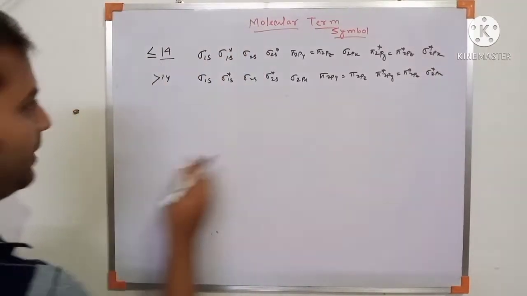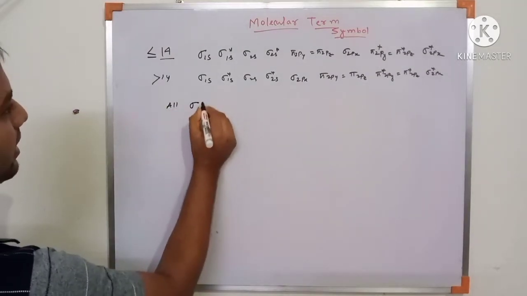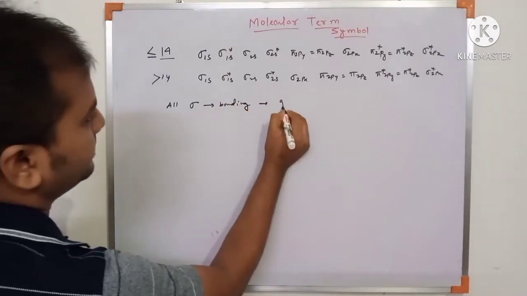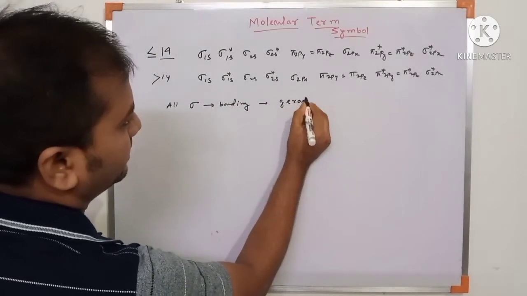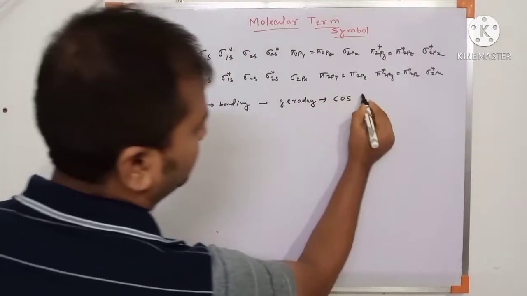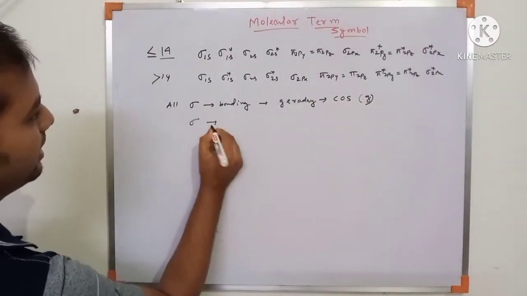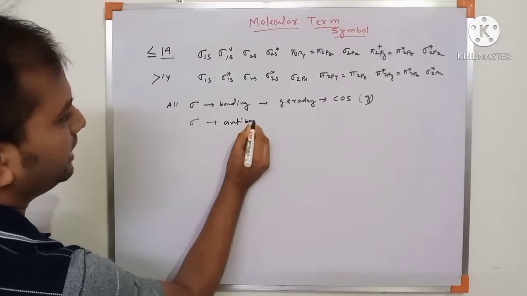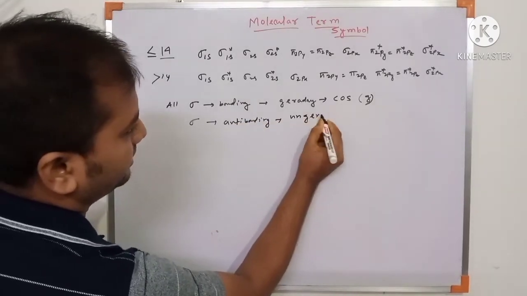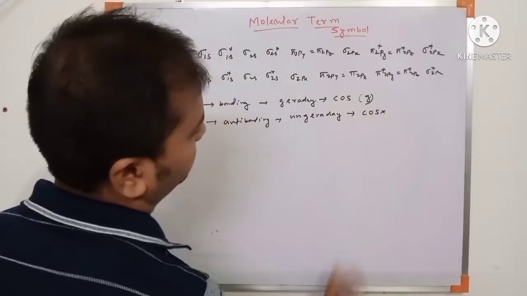All over we know. But in case of molecular term, all sigma bonding orbitals are gerade. Gerade means having a center of symmetry. So this is subscript g, and all sigma anti-bonding are ungerade, meaning no center of symmetry.